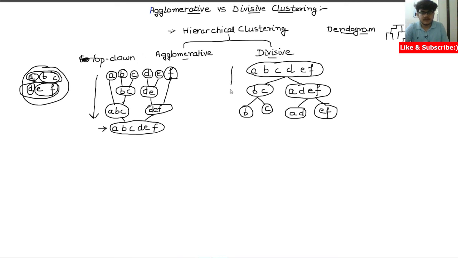Sorry, divisive is known as top down, because what we are doing is dividing this whole into sub clusters, and here also it will be divided into A and D, and then this will be divided into E and F. Here it is going something like this, so I call agglomerative a bottom up approach, right? So basically these are the two types, agglomerative and divisive.